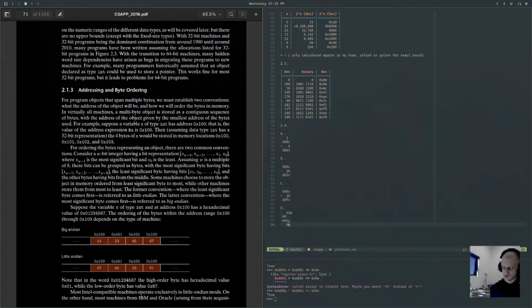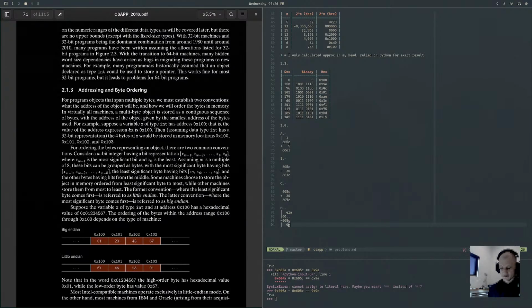Some machines choose to store the object in memory ordered from least significant byte to most. I think that's little endian, and that's the one that x86-64 uses, while other machines store them from most to least. The former convention where the least significant byte comes first is referred to as little endian. The latter convention where the most significant byte comes first is referred to as big endian or network endian.